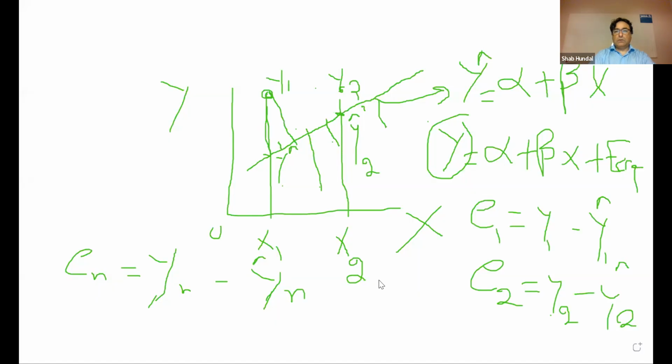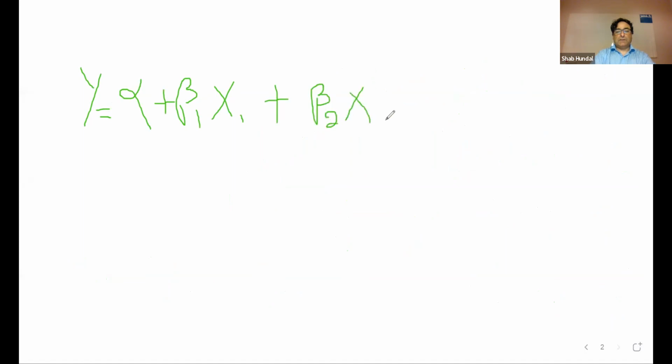If I share my whiteboard and go to the next one: this is the dependent variable, this is the intercept term alpha, plus beta 1 x1, plus beta 2 x2, plus the error term or the residual term.